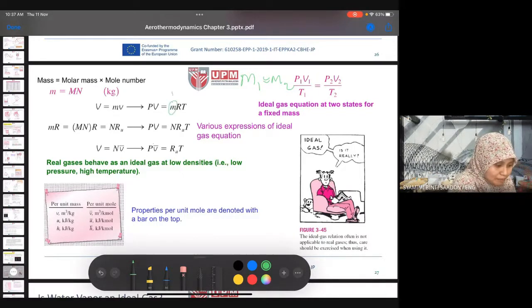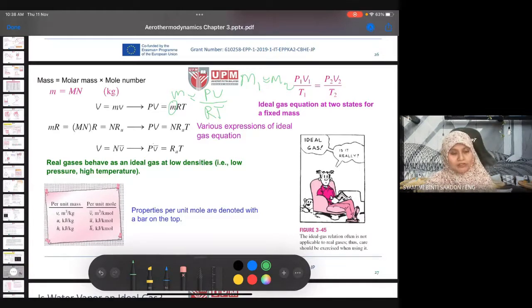So we have the equation of state, M equals PV over RT. So M1 is P1 V1 over RT1 and M2 is P2 V2 over RT2. R is constant, it doesn't matter whether M1 or M2, R is always the same value for the same substance. So R can be eliminated, and we have P1 V1 over T1 equals P2 V2 over T2.